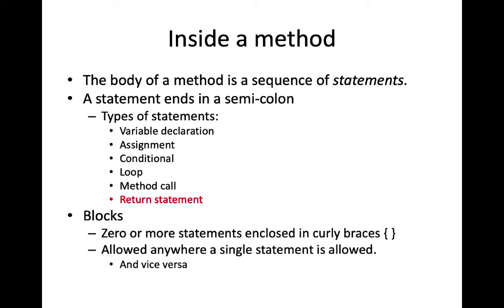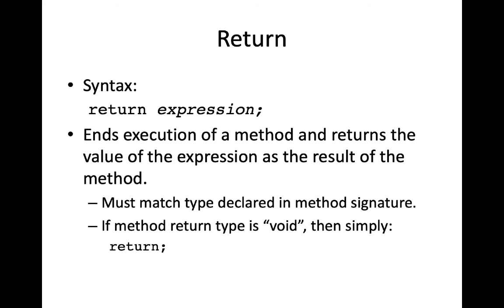Right? We can have return, or the return statement is basically the last kind of statement you might have in a method, where you're at some point where now you need to return the value that the method is going to return. You've calculated the answer, you've come up with the thing that the method is trying to produce, and you need to return it to whoever called that method, right? You're always in some method.